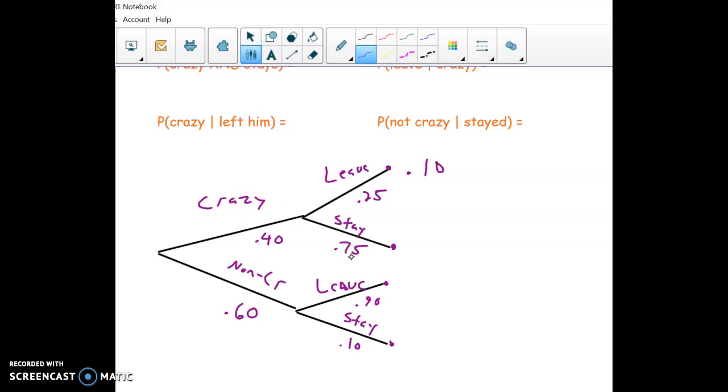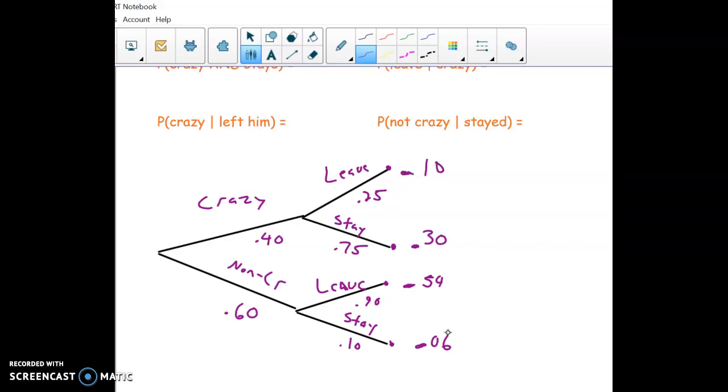Then 40% times 75% would be 30%. And then 60 times 90 would be 54%. And then the last dot, 60 times 10, is 6%. Hopefully that would be my wife here, non-crazy and stayed. Hopefully that would be how it worked out.